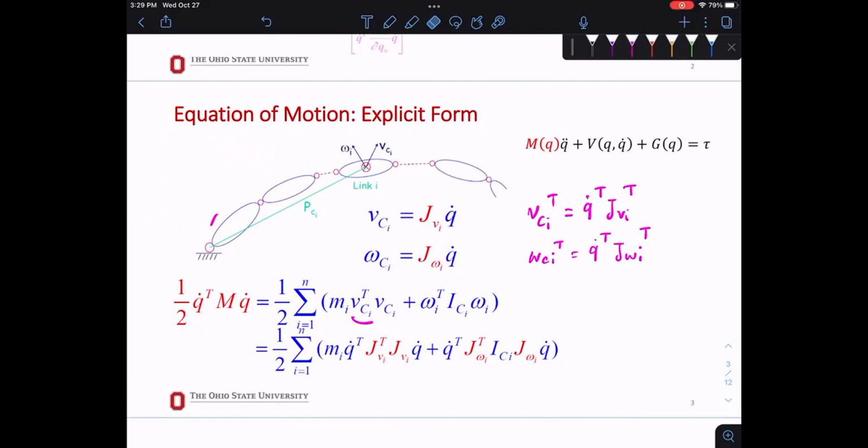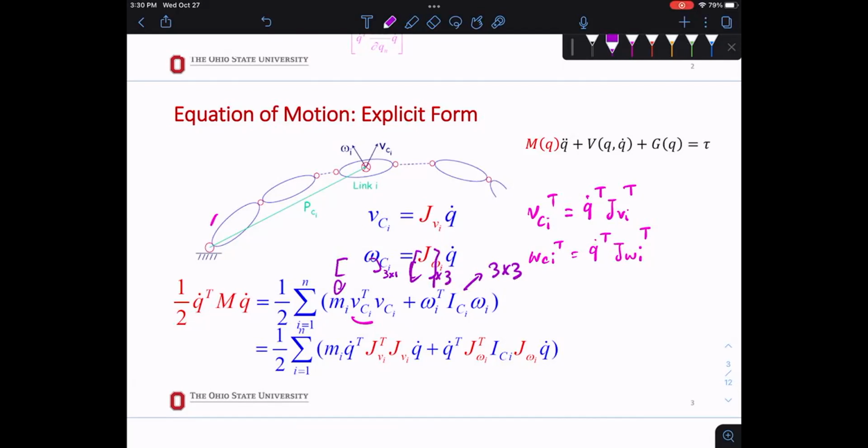Related to that, on the first line from that bottom set of equations, we have V_C transpose V_C, but then on the next term, we have omega_i transpose I_C. This one is a scalar value, because of m. Here I need to have 1x3, 3x3, 3x1, and I can do this.